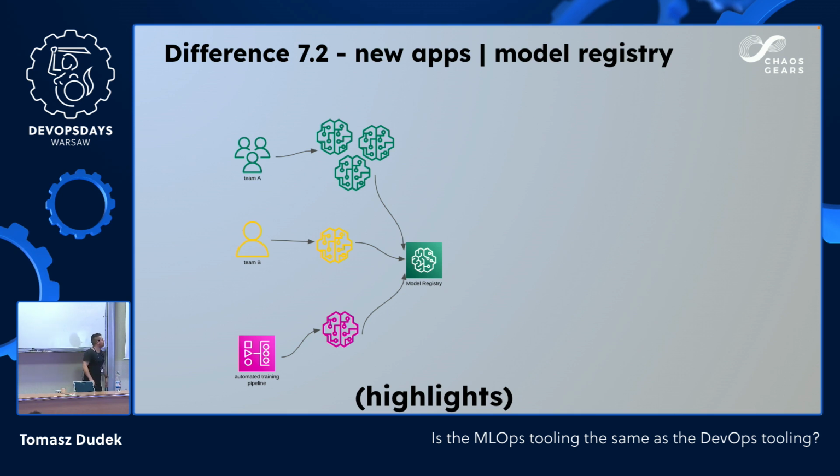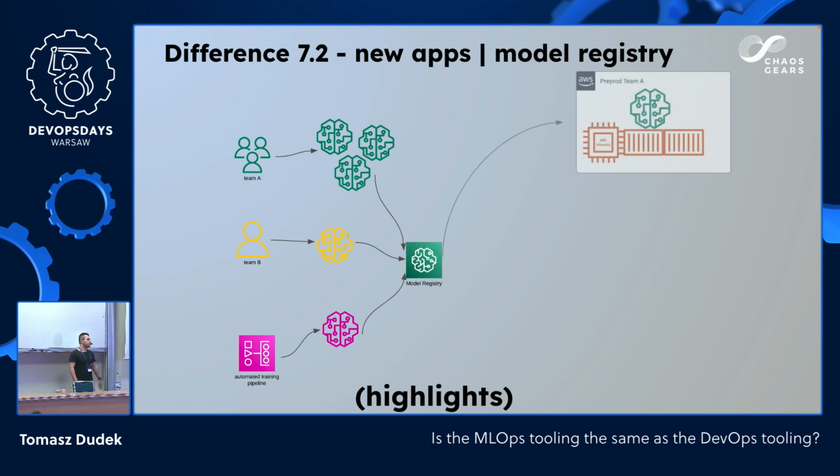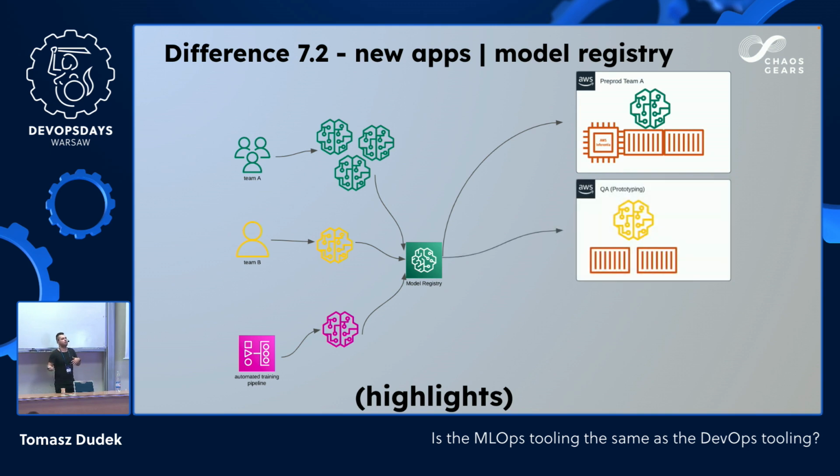I think this component will eventually merge with artifact repositories, because we call them model registries because they store models, but in essence they are no different from artifact repositories. Various teams produce various artifacts, various models, and they save them into a model registry. Then we can download them from the model registry and deploy them into our environments.